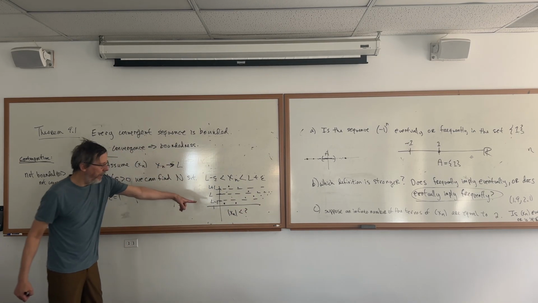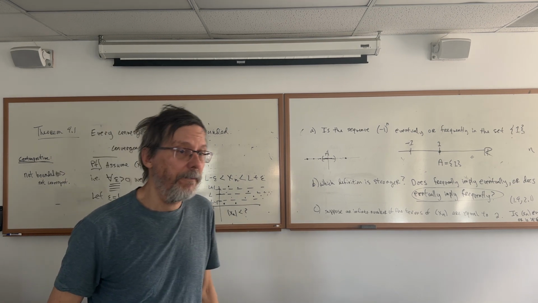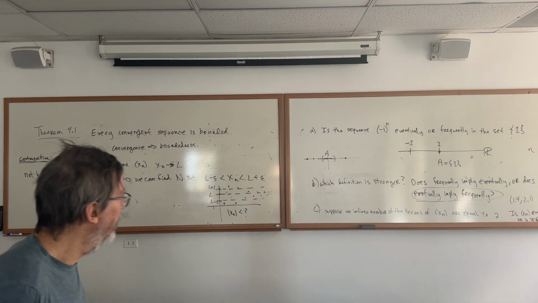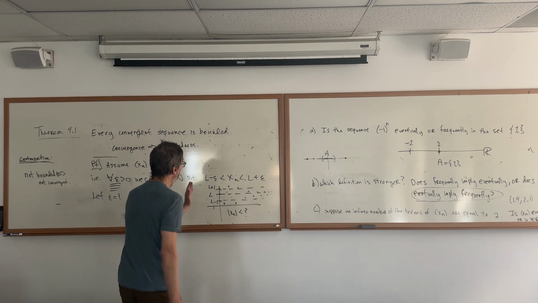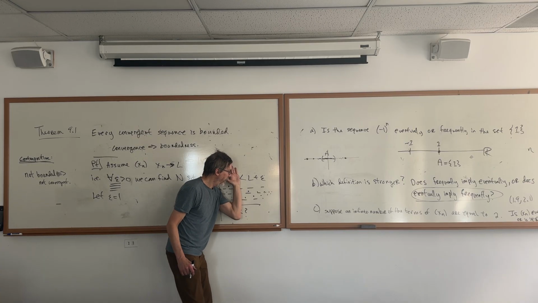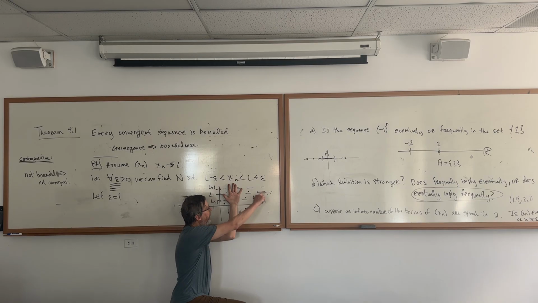How can I figure out a bound on those things? So let's start here. From here on out, if it's all inside here, what are they all less than?